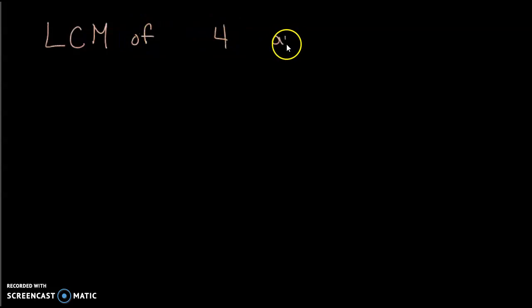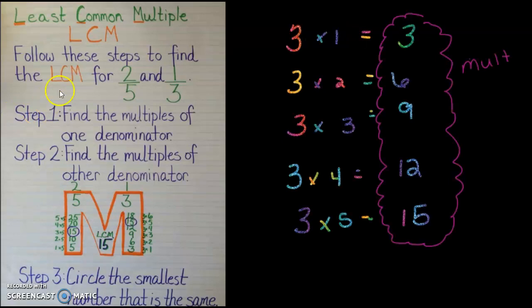We are going to find the least common multiple of the numbers 4 and 5. I love this visual here. You can absolutely list it this way, and I like to do it this way as well.